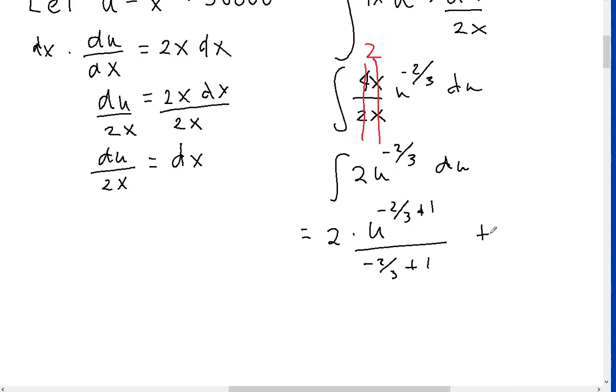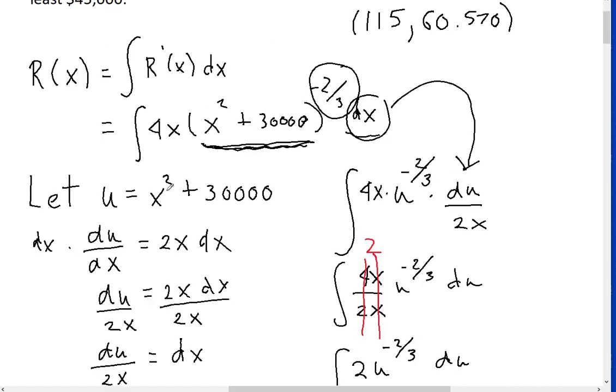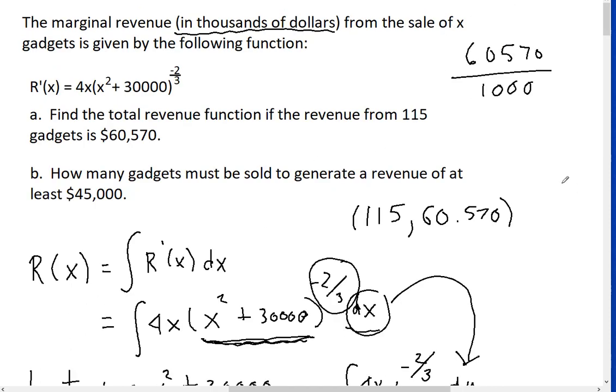And we're going to remember that there was some constant originally whose derivative was 0, so we have no idea what that constant is yet. We do have some information given. This point will help us to find the constant value.